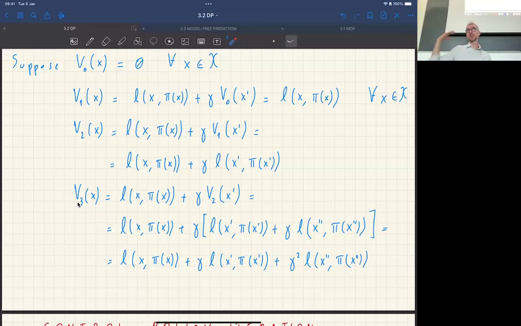And the reason why we can stop at a certain point and be happy with that is because eventually the terms that we are summing are getting smaller and smaller because they're multiplied by gamma to the power of k. K is basically the number of iterations of the algorithm. So after 100 iterations, you're just adding your cost multiplied by gamma to the power of 100. So if gamma is 0.9 or even 0.99, gamma to the power of 100 is a very small number.